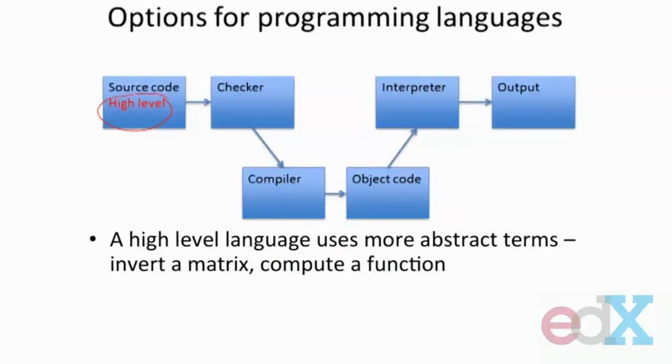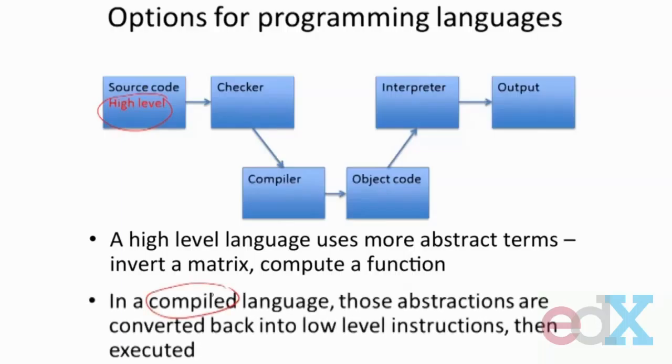In a compiled language, those abstractions are first checked, as they did before, but then converted back into low-level code. So there is a special process inside the computer called a compiler that takes the checked sequence of instructions and converts them back down to those basic computer instructions that we know we need, and those are then run through the interpreter in order to execute the actual process. So this is certainly one way to do it.